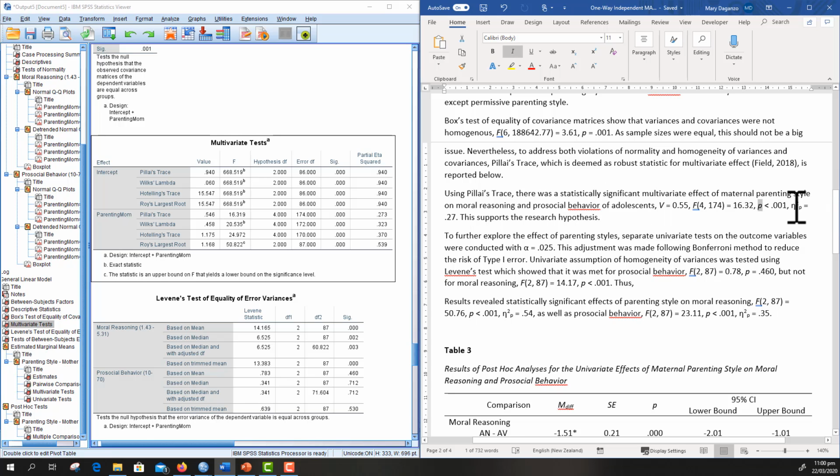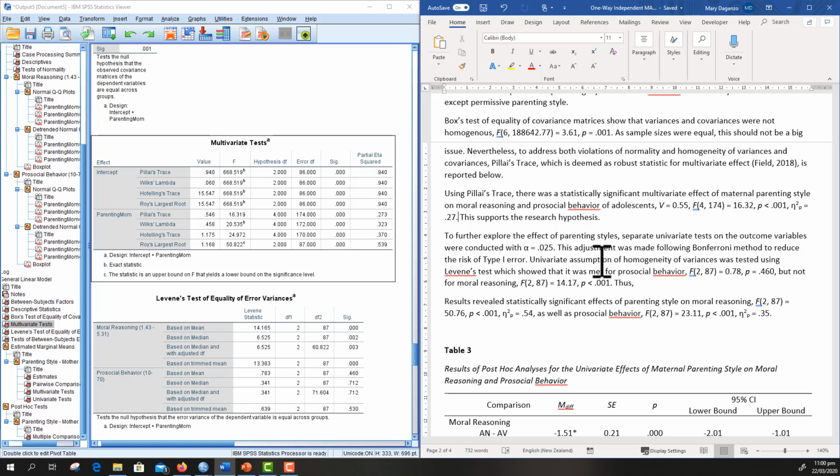And notice that the partial eta squared here doesn't have a leading zero. This is because for single factor designs, in this case we only have one independent variable, which is parenting style, the value of partial eta squared will not exceed 1.